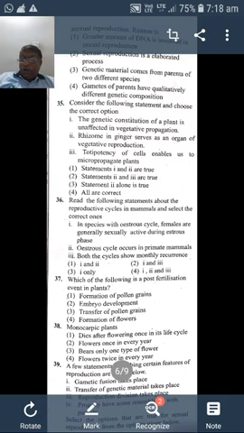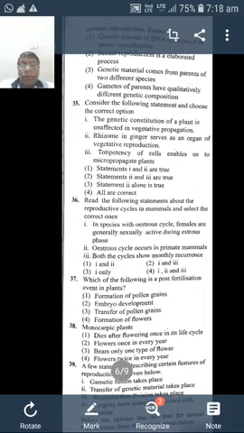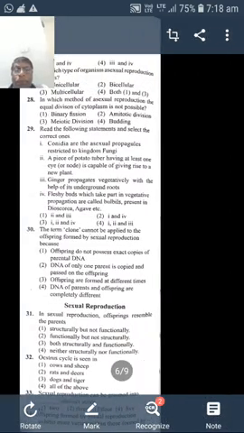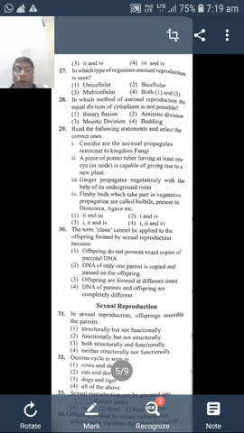31st question, you just look here now. In sexual reproduction, offspring resemble the parents structurally but not functionally, functionally but not structurally, both structurally and functionally, neither structurally nor functionally.